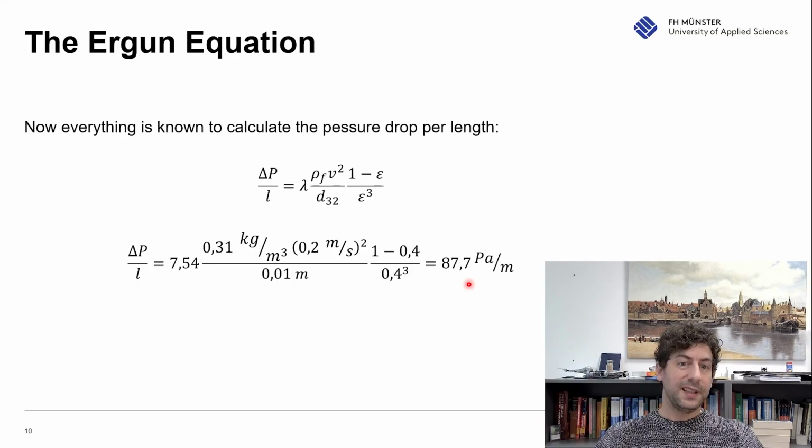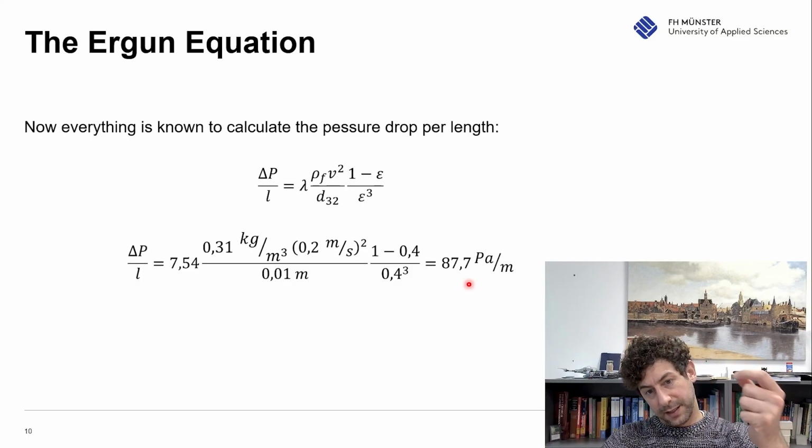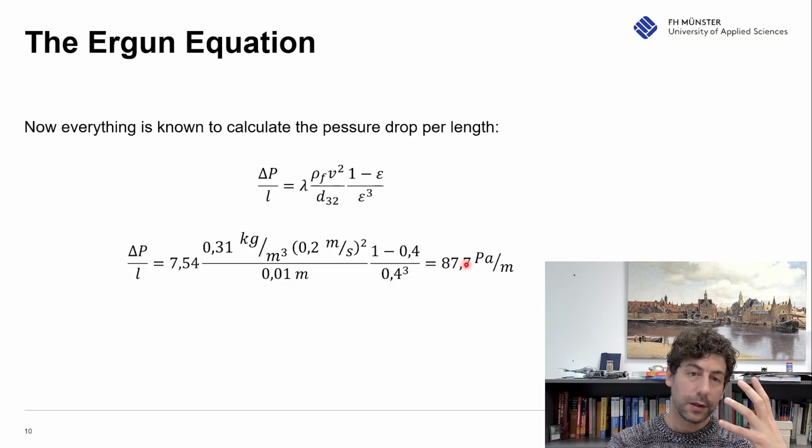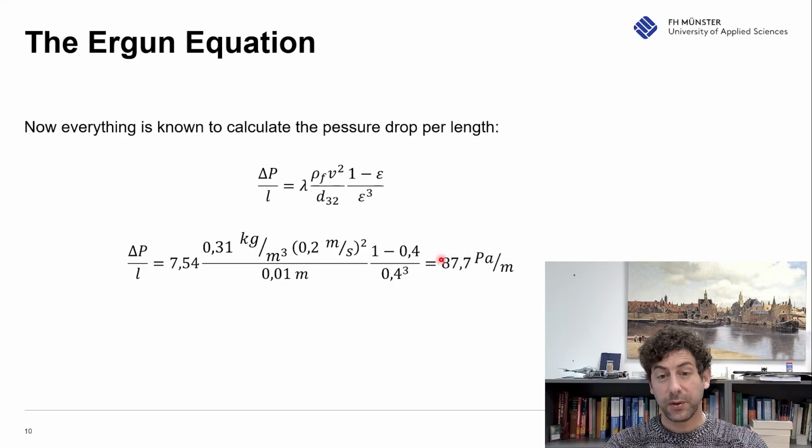But if we would decrease the particle size by 10, so from 10 millimeter to 1 millimeter, so we would have 0.001. It's a square dependency in the Reynolds number and the Ergun equation. And this means that the pressure drop would increase by 100. So we are not that bad. We have a very small number here for our example because we have very large particles.